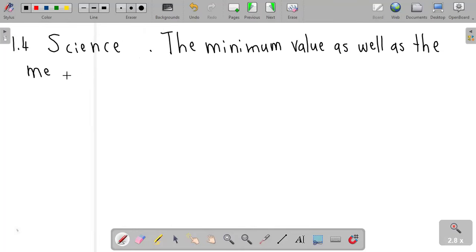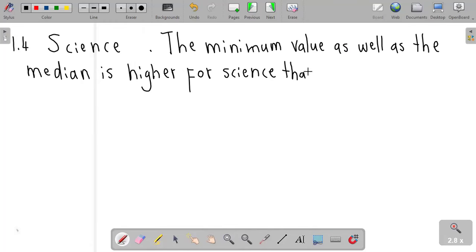The minimum value as well as the median is higher for science than mathematics.